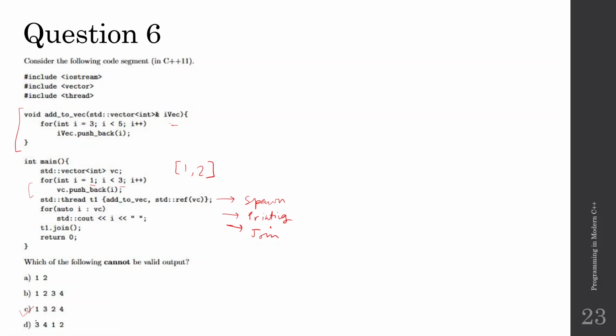By that same logic, your D is also not a valid output because 1 and 2 should come in the beginning, but it is coming at the end. So D is also an answer. So we have two answers for this, C and D. Any questions till now?